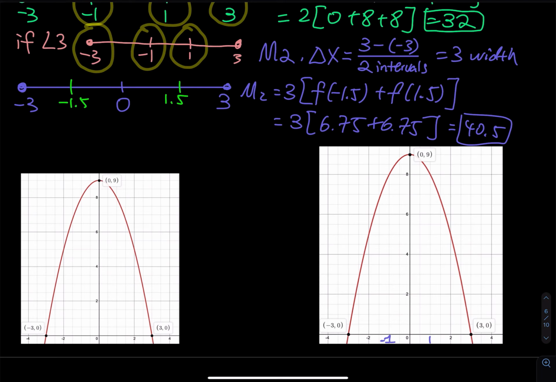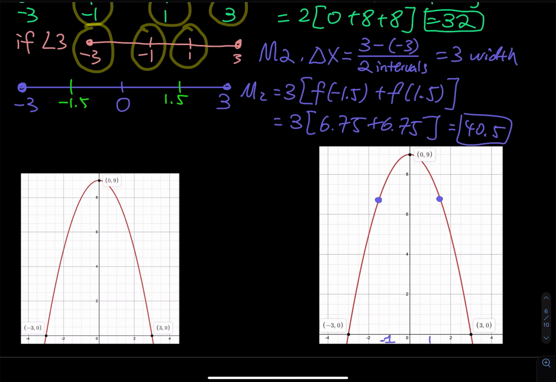So let's put a point right there. It's hard to trace the line like this, so I'm going to trace the line. So -1.5 will be like right over here, 6.75.